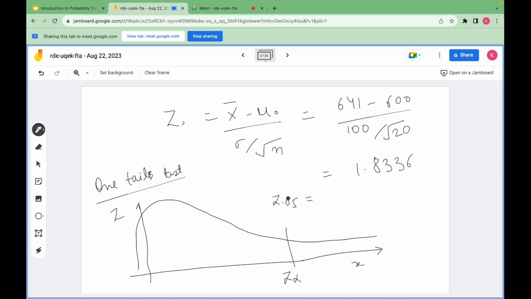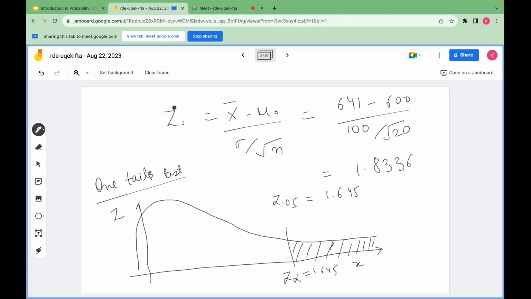When we identify this value from the Z table for alpha 0.05, it comes out to be 1.645. So this Z alpha is 1.645, and this is our critical region.